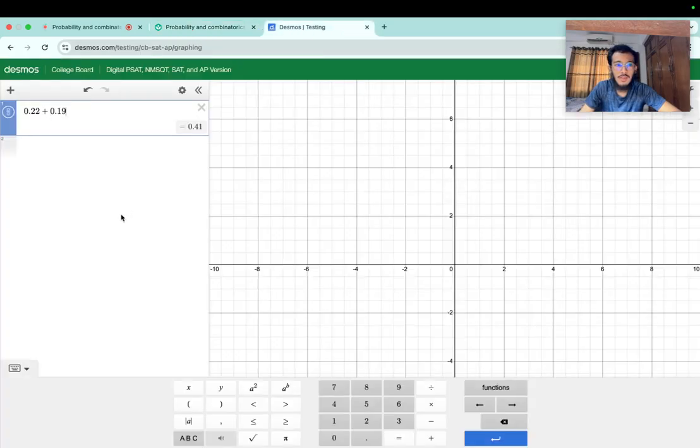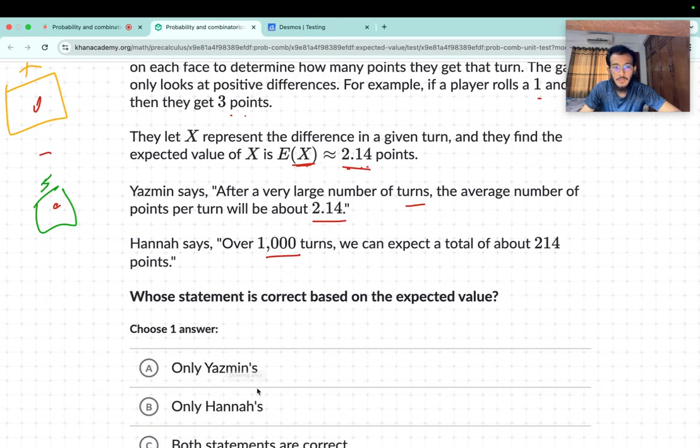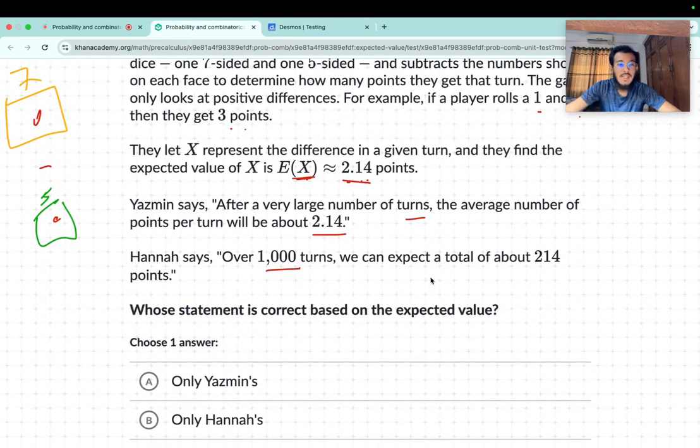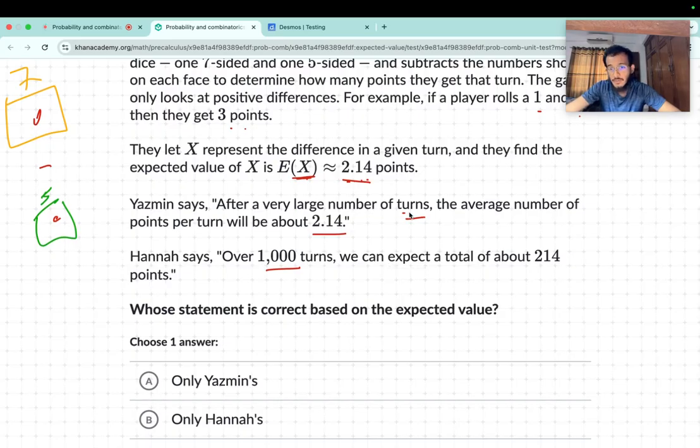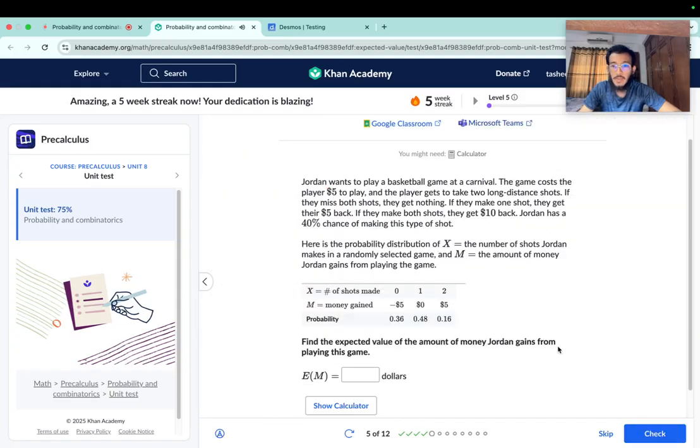So if you play 1,000 times, you would expect to get an accumulated 2,140 points, since 2.14 times 1,000 is 2,140. Hannah is not correct. Now whether Yasmin is correct or not: after a very large number of turns, the average number of points per turn, yes, this is the expected value. So only Yasmin is correct.